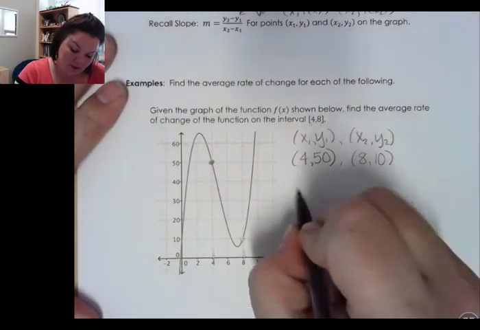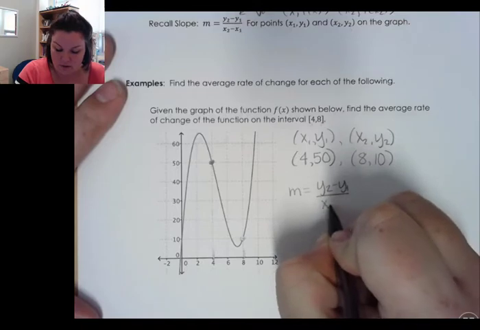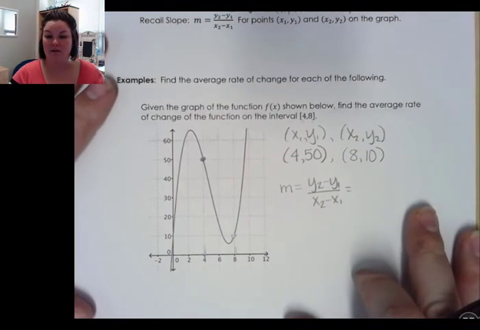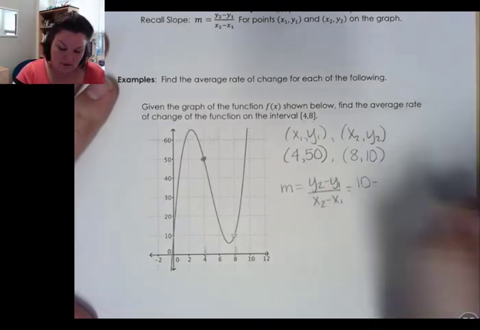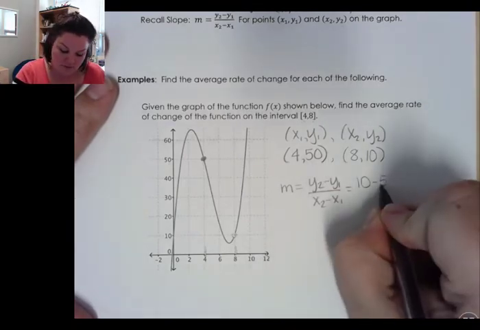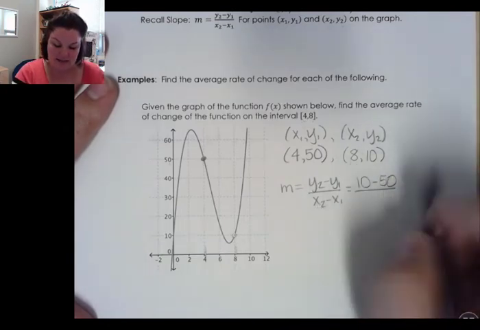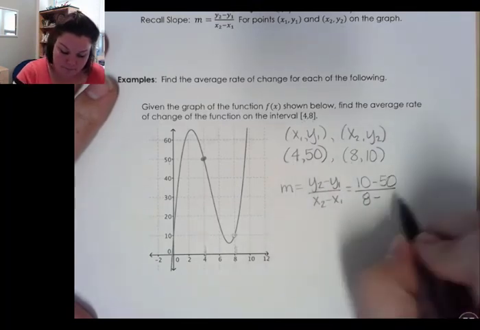So we're just going to calculate, remember our slope formula is y2 minus y1 over x2 minus x1. So I'm just plugging in my values, okay? So my second y value is 10 minus my first y value, which is 50, divided by my second x value, which is 8, minus my first x value, which is 4.